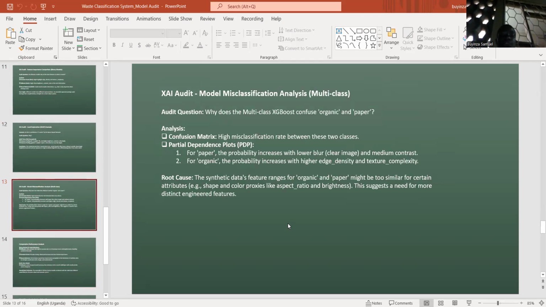So still on the XAI audit, that is for the model misclassification analysis for the multi-class. The audit question is: why does the multi-class XGBoost confuse organic and paper?